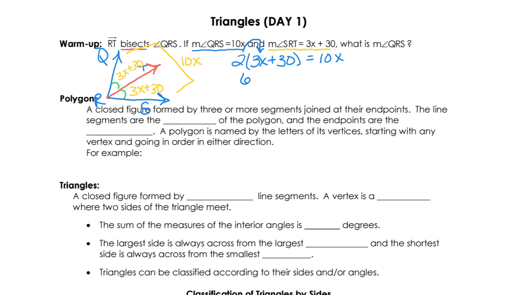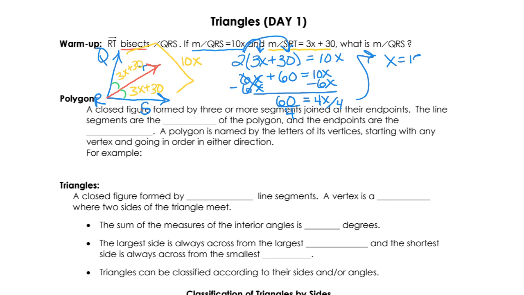And this will give you a 6x, 2 times 30 is 60, equal to a 10x. We're going to go ahead and subtract 6x. And we end up with a 60 is equal to 4x. Divide by 4, and x is going to come out to equal 15.